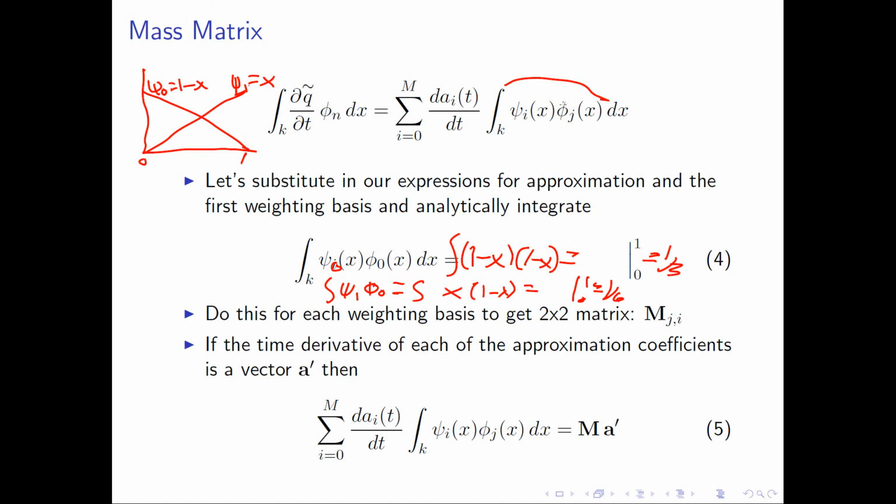So if we try to put this into some sort of matrix, so I'm going to put the integral on the outside. It's kind of an abusive notation, but here is 0, 0. Here is 1, 1.